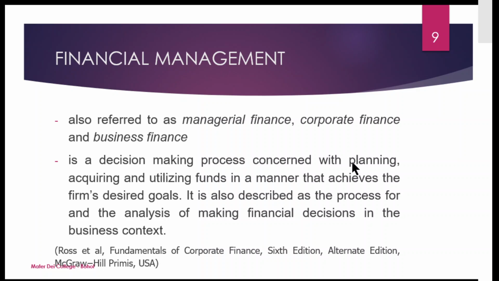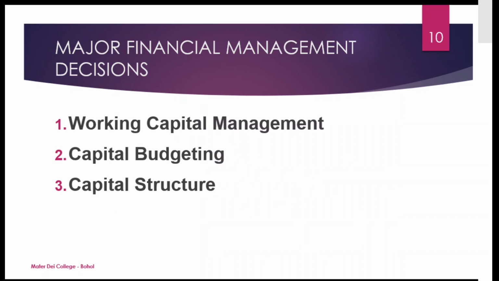We're going to decide where to get the money, that's acquiring, and how we will use the money, that's utilizing funds. The major financial management decisions involve working capital management, capital budgeting, and capital structure.